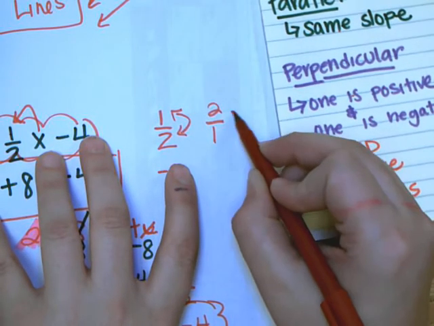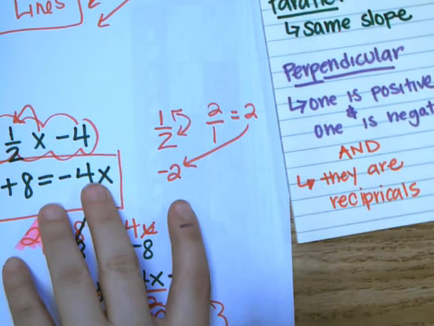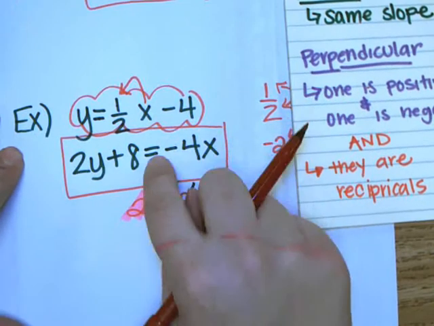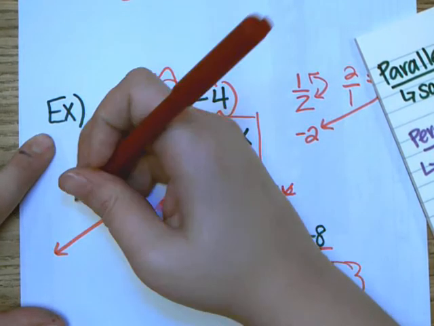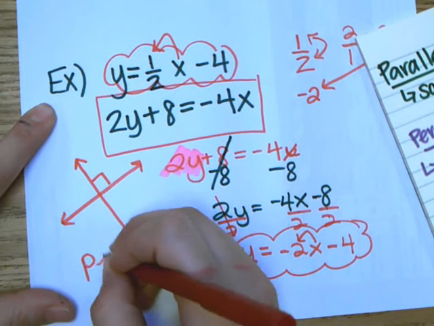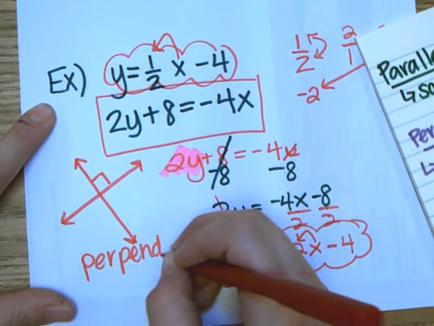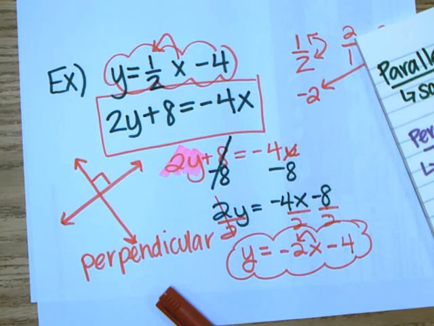If I take 1/2 and I switch the numerator and the denominator, you get 2. One is positive, one's negative, they're reciprocals. So these 2 equations, if we were to graph, we would have right angles. They are perpendicular.